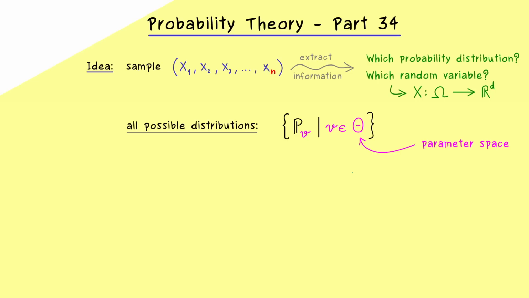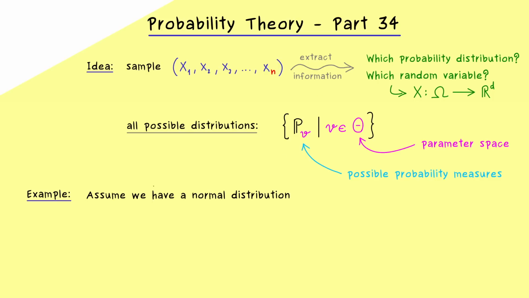And then a statistical method will tell you which probability distributions fit the data. And how much they fit we also would measure with some probability again, and usually we call this probability a likelihood. But more about this later, let's first look at an example to see what we can choose here. There, for whatever reason, we already know that we have a normal distribution as the underlying probability distribution.